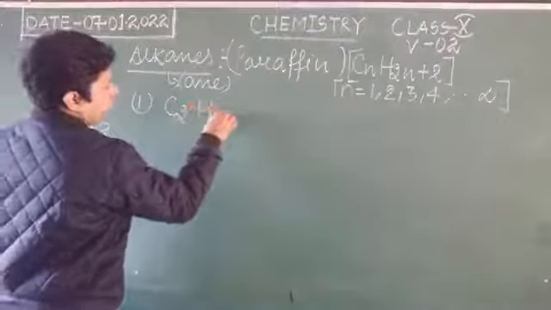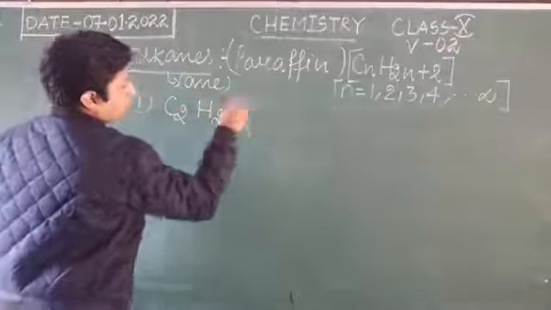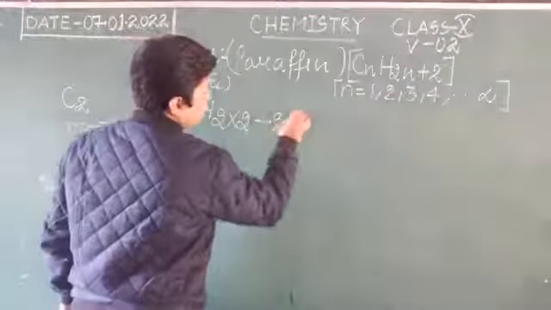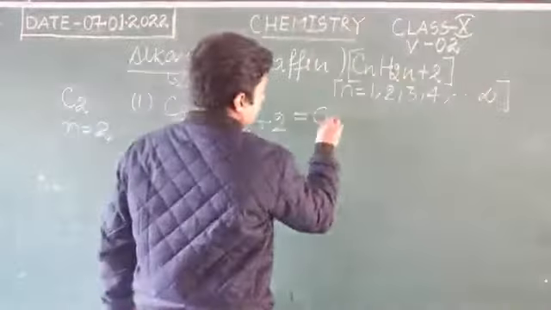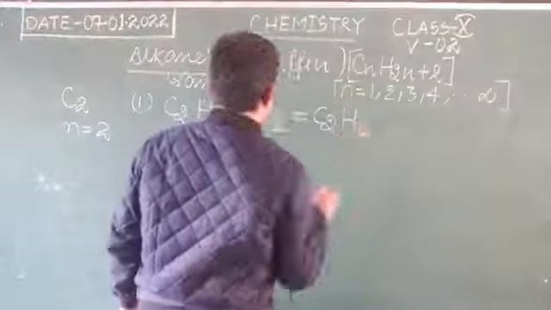It becomes C2H(2 into 2 plus 2), it becomes C2H6.